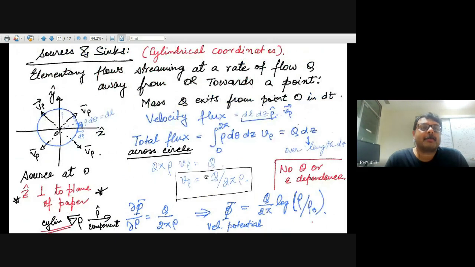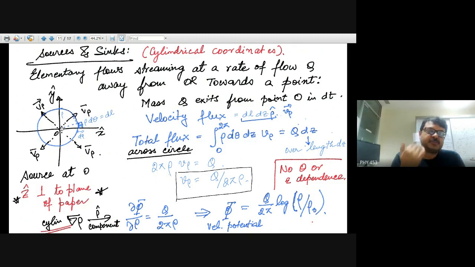Now we just go to a slightly different case, the sources and sinks, and we're going to work in cylindrical coordinates. Now just imagine that there's a certain source term, so fluid is being gradually introduced at the origin and it is flowing out radially. The z axis is perpendicular to the plane of the paper, right?